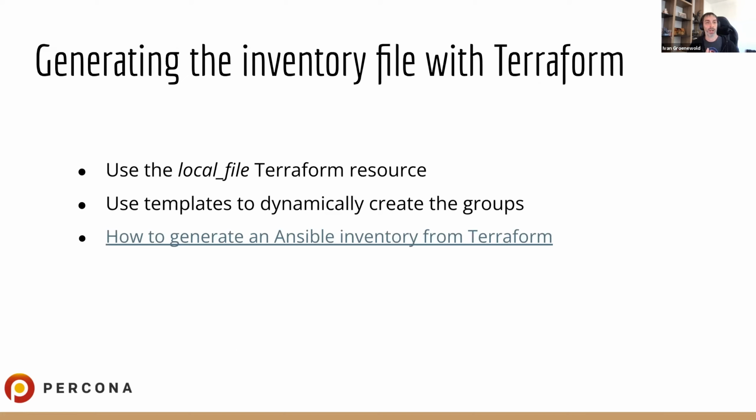There is the local_file resource that helps us write to a file in the host OS from Terraform. So we could use some templates to dynamically create the hosts automatically, as part of our Terraform run. We're not going to cover all the details because it would make the presentation too large, but you can refer to this blog post that I'm linking here for more details if you're interested in this.